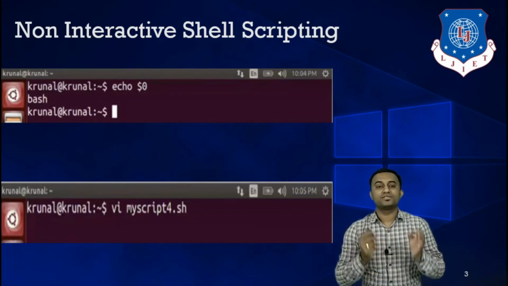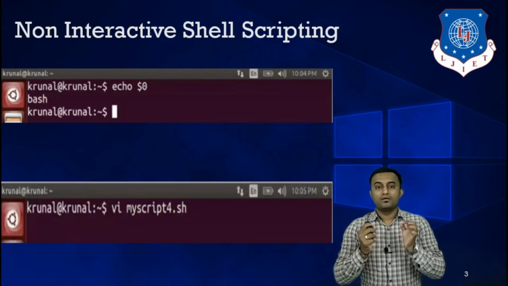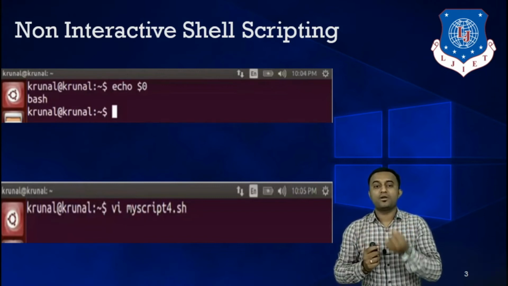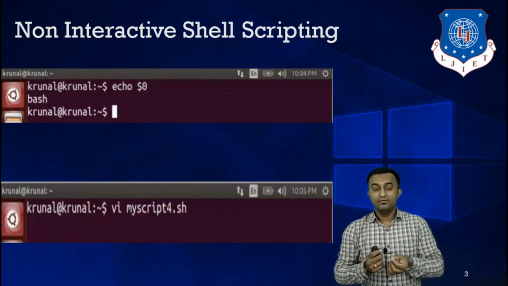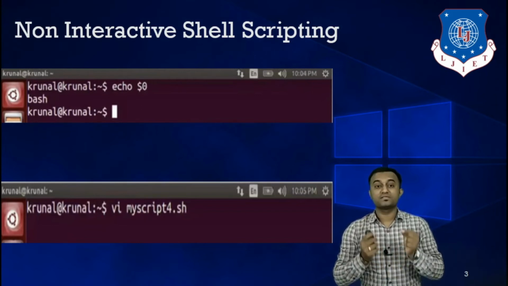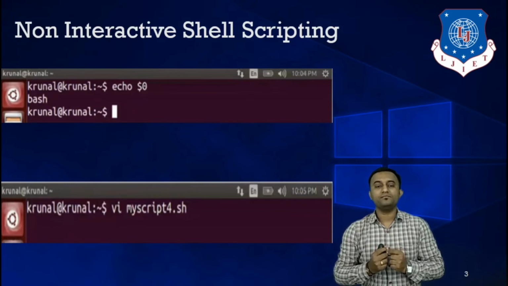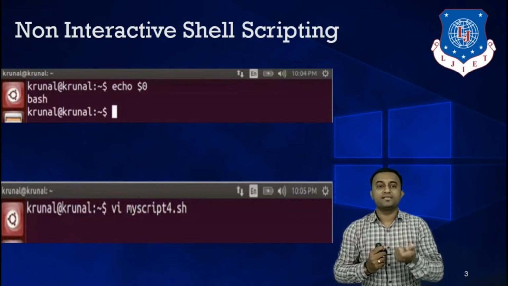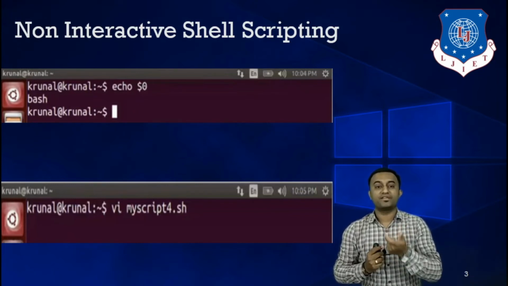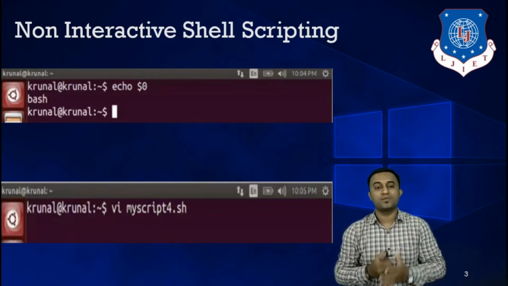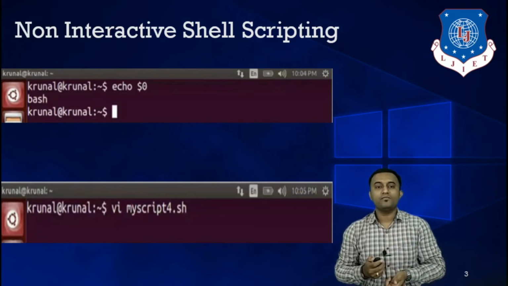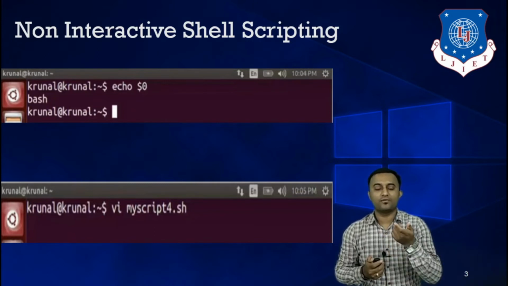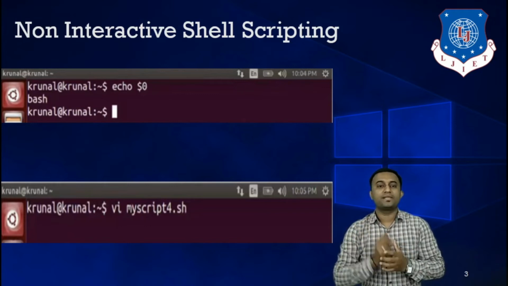Dot is a period symbol and sh is the extension of the script file. I hope it is clear. vi is the name of the editor, myscript4 is the name of the script file, and .sh is the extension.